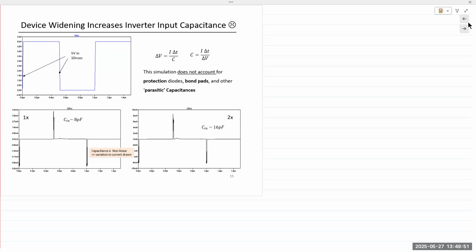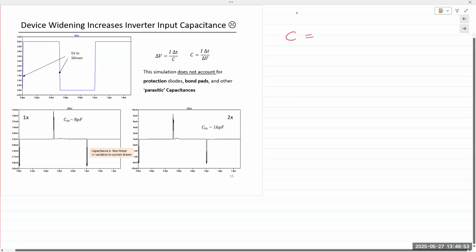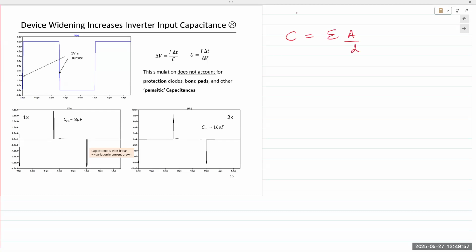Capacitance is epsilon A over d. d is the distance between the two plates, which is the thickness of the insulating layer. That would be the same for both, but the channel width is now different. So the cross-sectional area is increasing. This is the channel width. The cross-sectional area increases, capacitance increases.